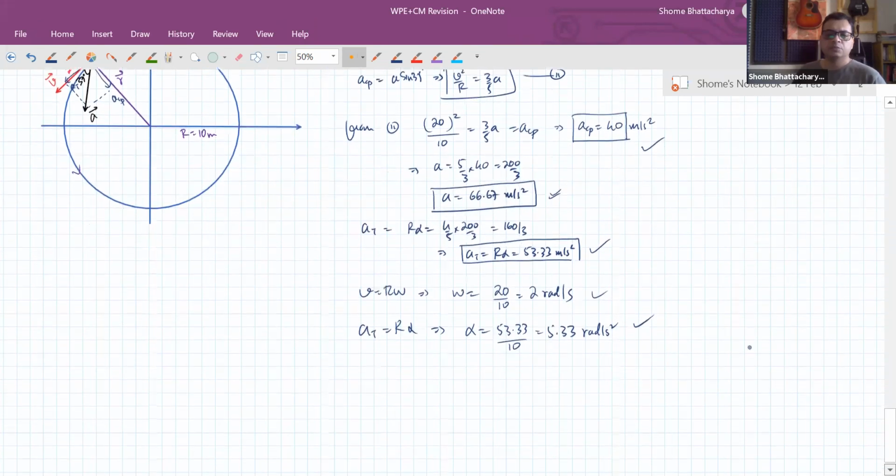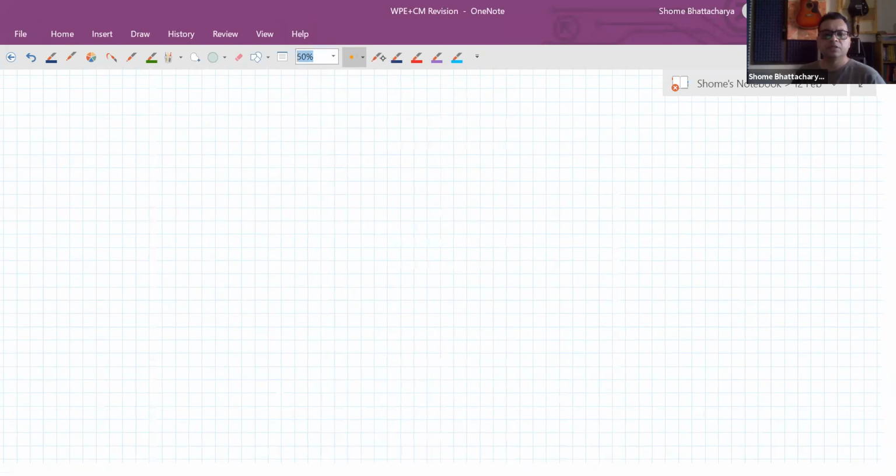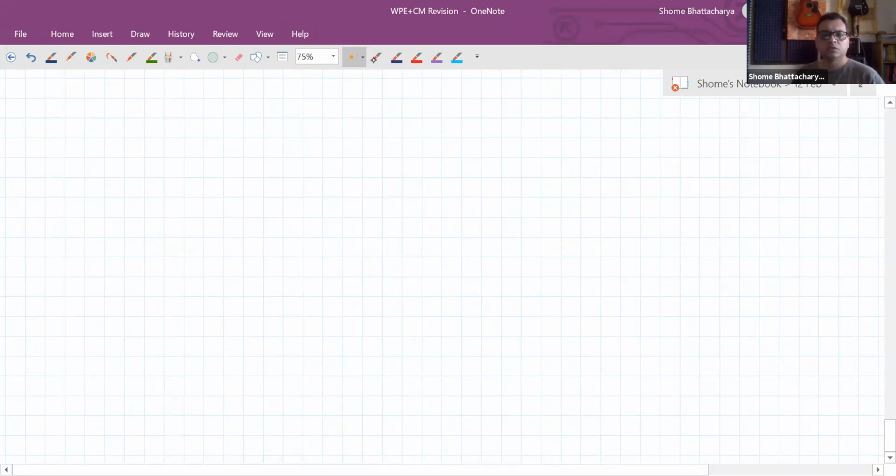Now from here, next up, we move on to dynamics of circular motion. That is application of Newton's laws to circular motion.